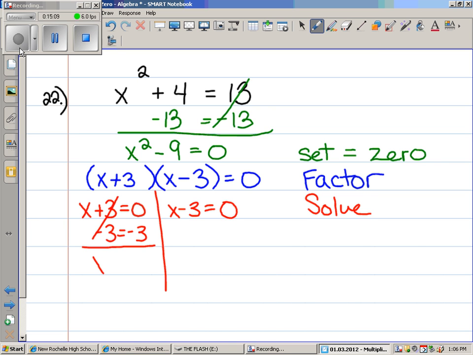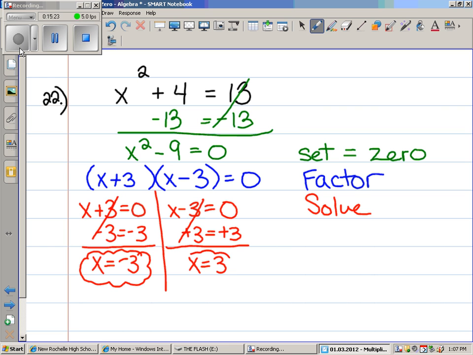There we go. We'll get x equals -3. We're going to add 3 to both sides. There you go. And that's how we solve the problem.